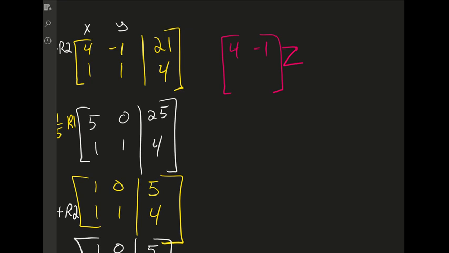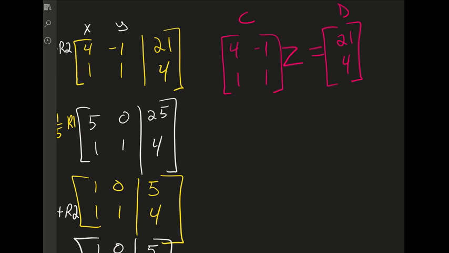We set our coefficients matrix to be multiplied by our variable matrix, and then it's going to be equal to a 2x1 that is just the solutions. Let's call this C for our coefficient matrix, and D because it comes after C.